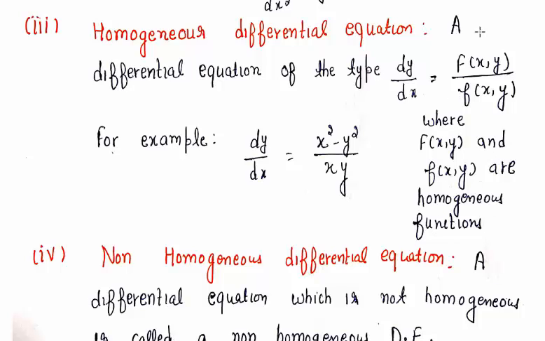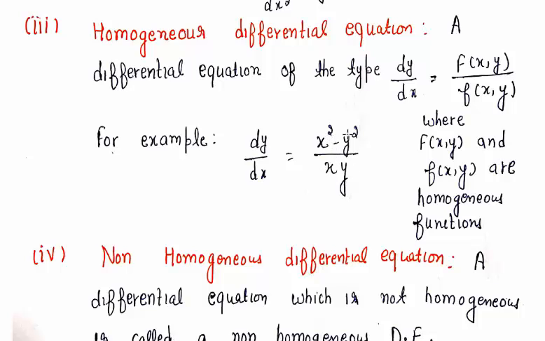Homogeneous function means the degree of F of xy and f of xy is the same. For example, dy over dx equals x square minus y square over... comparing with the standard form, this is our capital F of xy and this is our small f of xy.